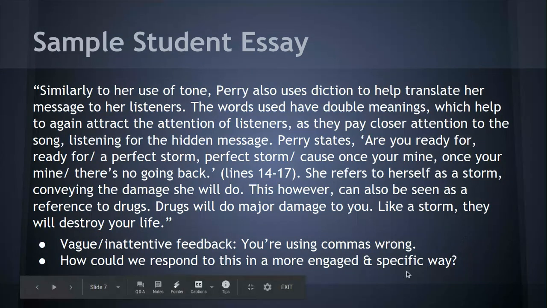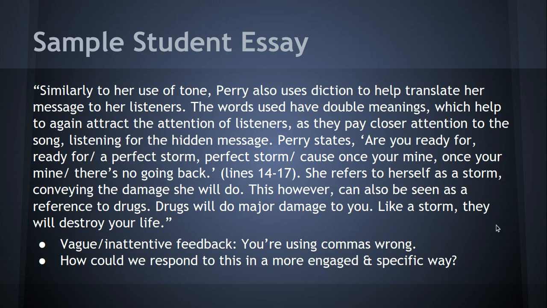So I might say, instead of just saying you're using commas wrong, I could say you're doing well with your topic sentence, and I like how you use quotes, but your explanation section is a little bit off topic because you're talking about a couple of different things rather than one specific idea.